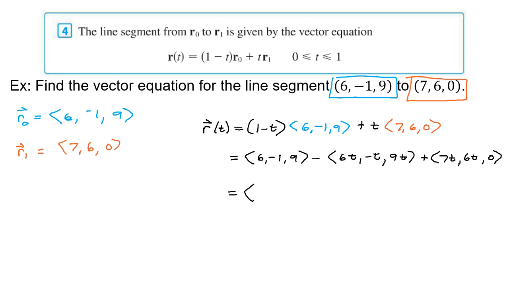And so what I want to do is gather what I can together. I have a 7t and a minus 6t because of the minus in front of the brackets there. That gives me a t and a 6, so I get t plus 6 if you combine the first three terms all together. I have a 6t and a minus -t, so that'll give me a 7t with the -1 in front. And then I got 0 on the last one, but I have a minus 9t plus 9 on that last part.